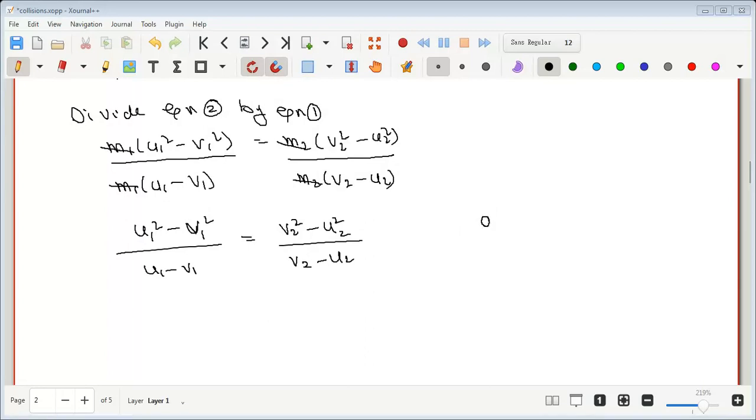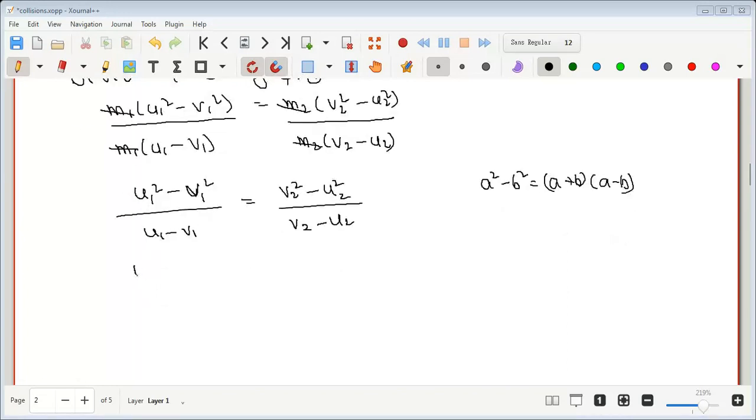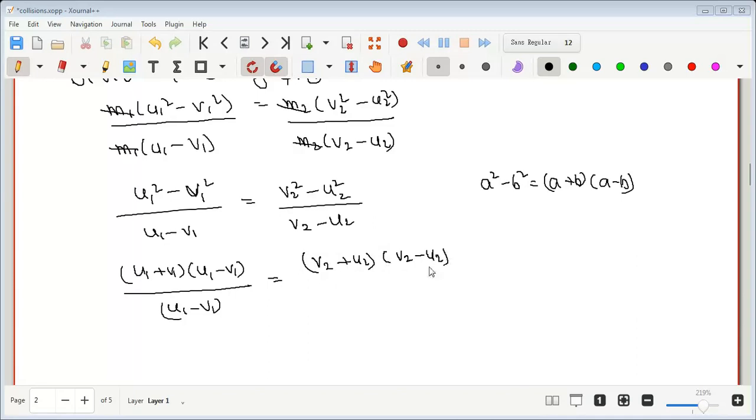For a squared minus b squared, we can write (a plus b) into (a minus b). So we can write (u1 plus v1) into (u1 minus v1) by (u1 minus v1) is equal to (v2 plus u2) into (v2 minus u2) by (v2 minus u2).